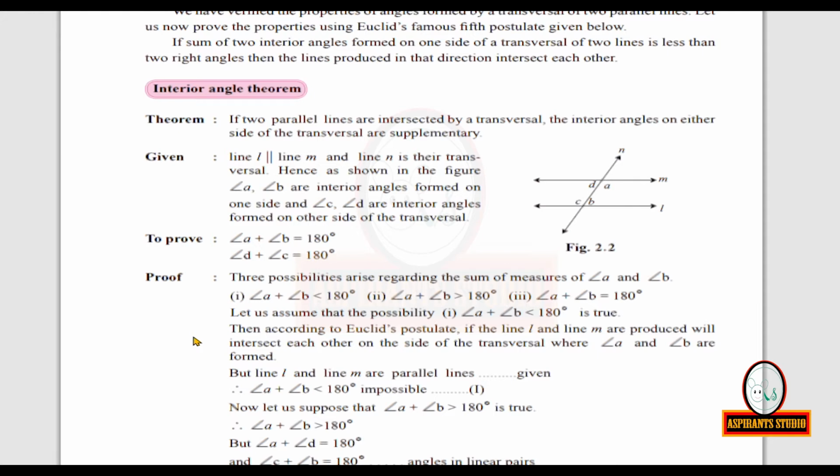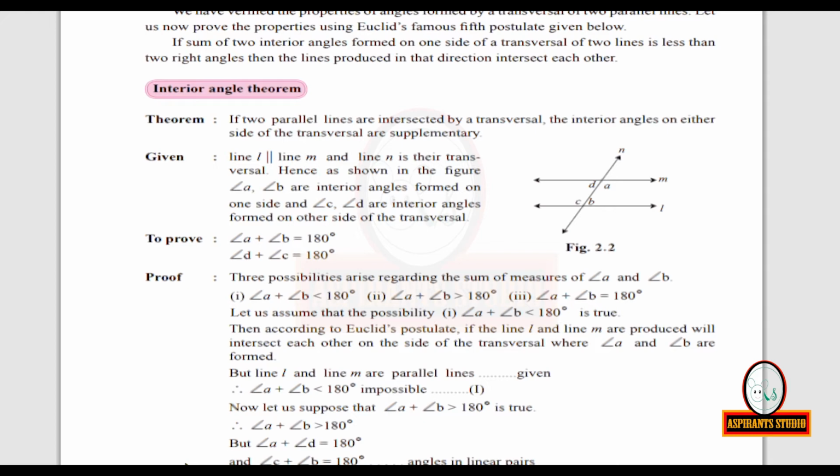Two right angles means 90 degrees plus 90 degrees, which is 180 degrees. So if the sum is less than 180 degrees, the lines produced in that direction intersect each other. But here line L and line M are parallel lines, which is given. Therefore, angle A plus angle B less than 180 degrees is impossible.